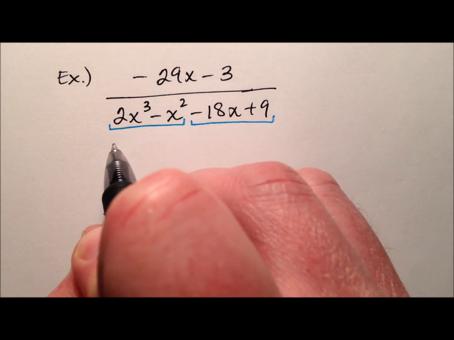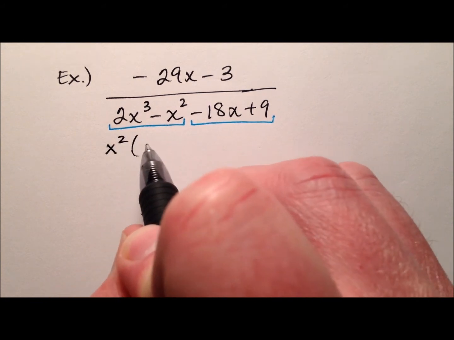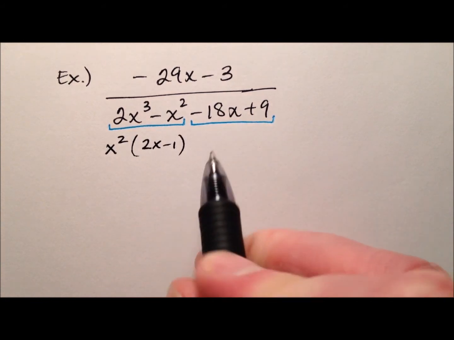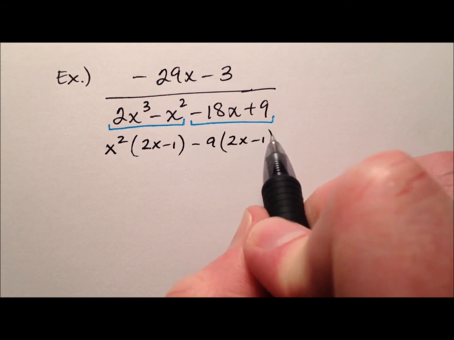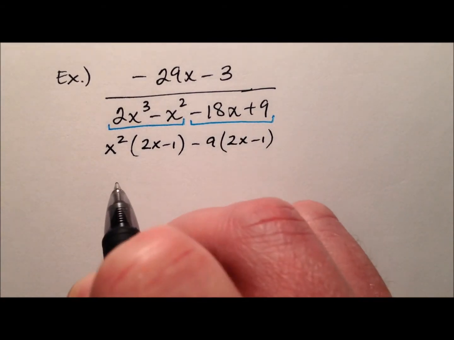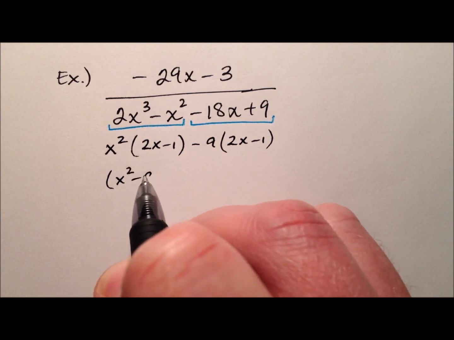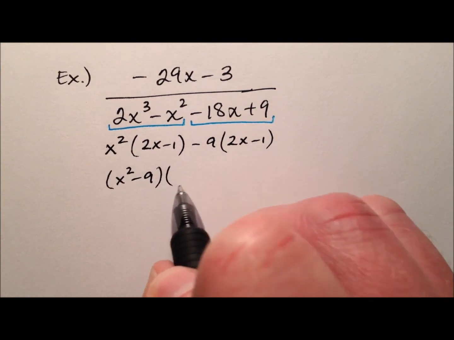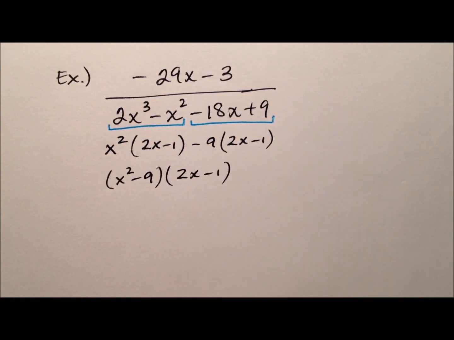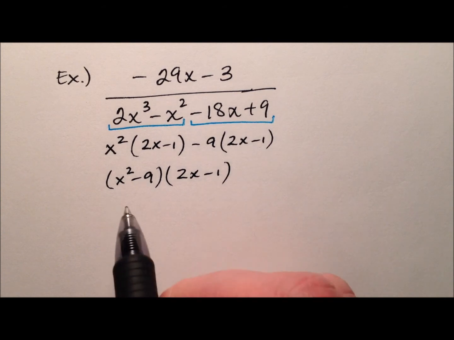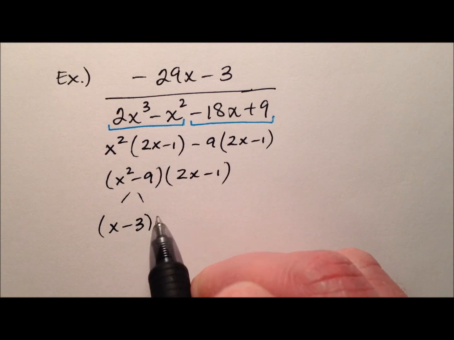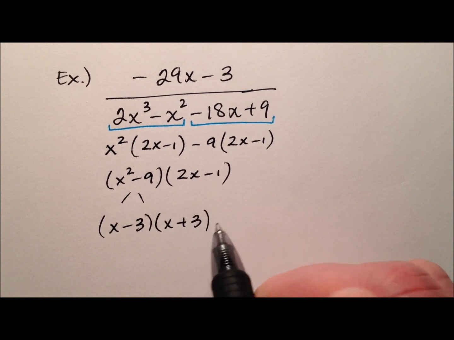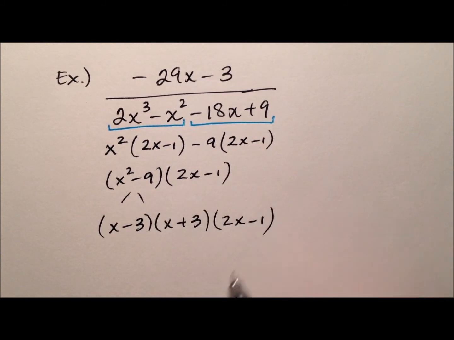So I'm going to pull out an x squared and I'm left with 2x minus 1, and then I'm going to pull out a negative 9 and I'm left with 2x minus 1, which ends up being x squared minus 9 for one of the quantities and 2x minus 1 for the other quantity. And of course I have a difference of squares, so x minus 3, x plus 3, 2x minus 1.